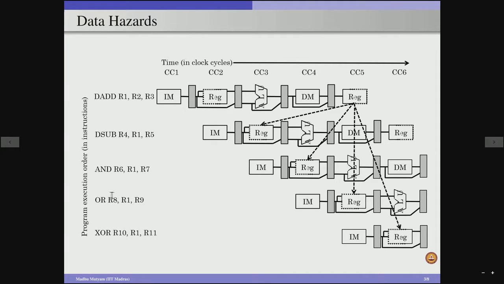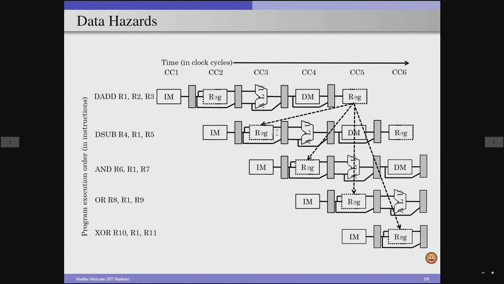Effectively all these 4 subsequent instructions require the output generated by this add instruction. In other words, unless the add instruction produces the value into register R1, these 4 subsequent instructions cannot execute, and that creates a data dependency between these instructions. As a result our subsequent instructions cannot proceed further in the pipeline unless the add instruction is completed.